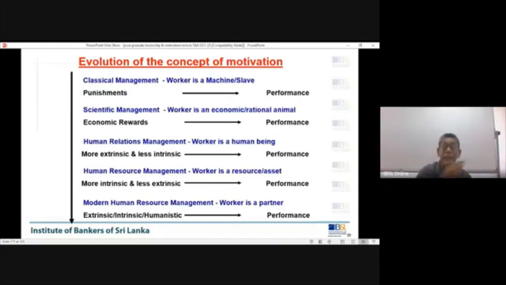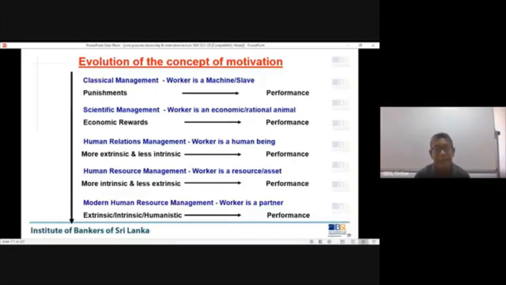Now we are going to look at some of the things we have learned, maybe the evolution of the concept of motivation. We learned about motivation earlier when we discussed the management theories. I think you may remember the classical management.